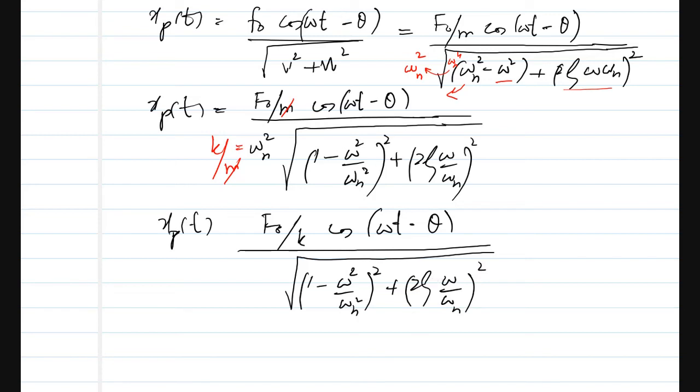Now the total solution, if you remember, as in the first slide, we have written it's xc of t plus xp of t. So we need to know the complementary solution.